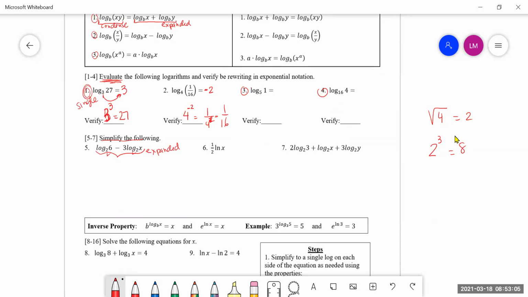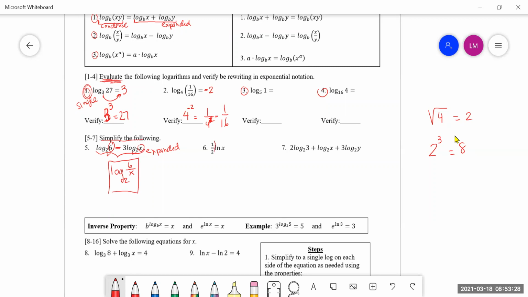The bases are the same, so I can say log base 2. I have a 6, a subtraction, and an x. So I have to remember that subtraction means division. That's as far as I can go. I cannot solve any further because I don't know what x is. So this is our final simplification.